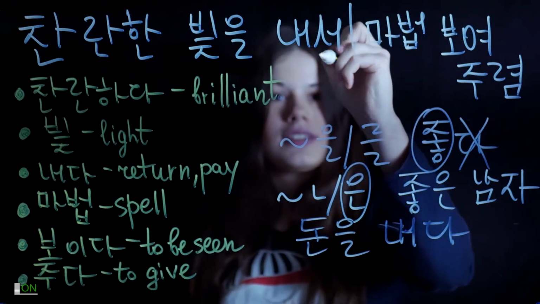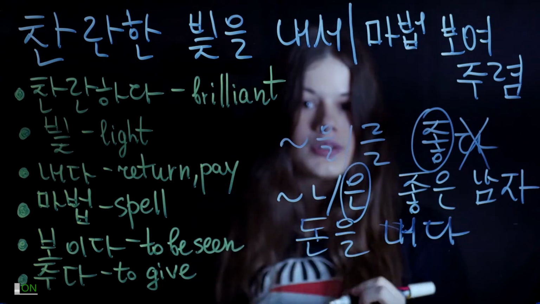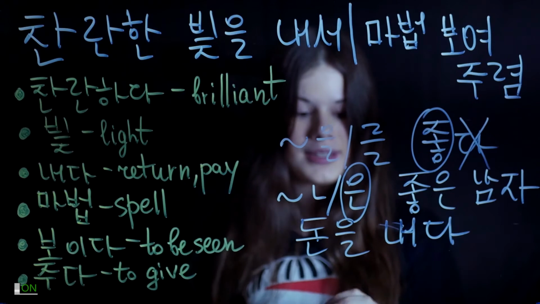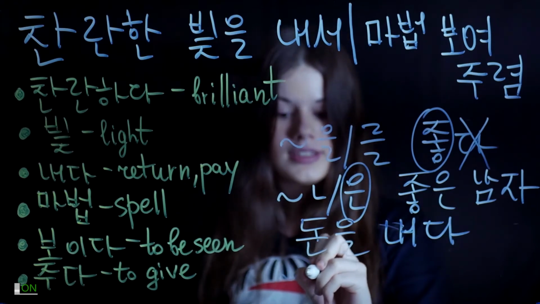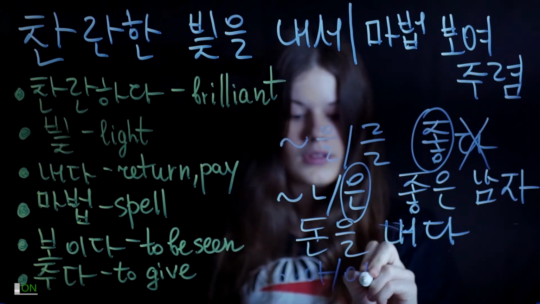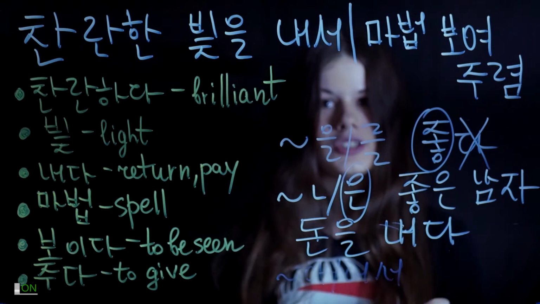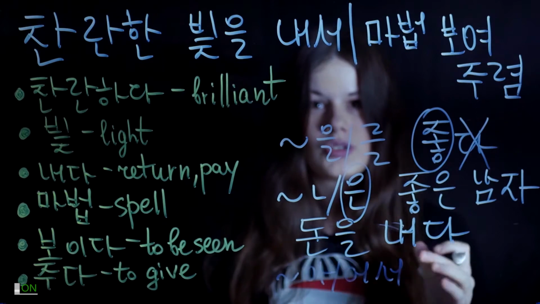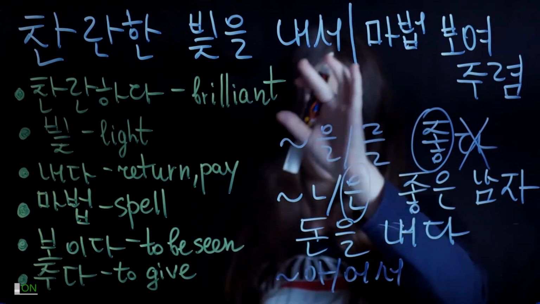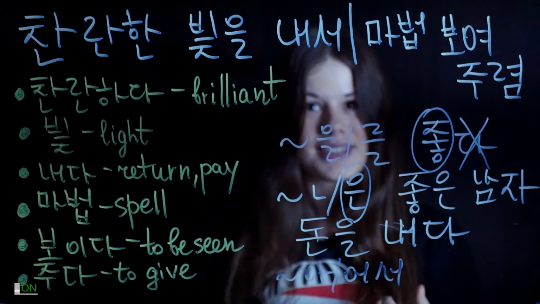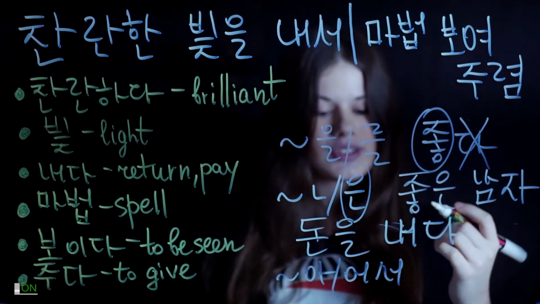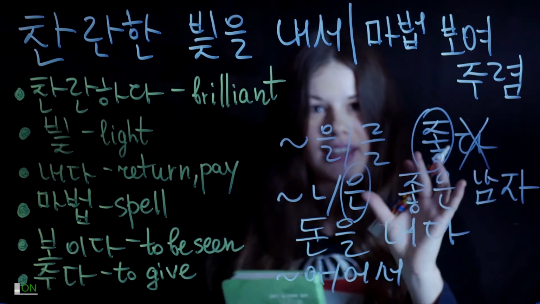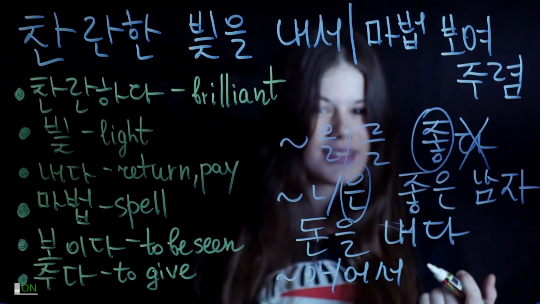So what is 서? 서 is also a grammar point that I didn't cover in my videos yet, but I will explain it briefly. It's added to some particular verbs to connect two clauses within a sentence. It means something like 'and', connecting two clauses within a sentence.